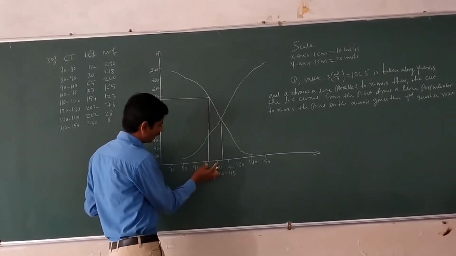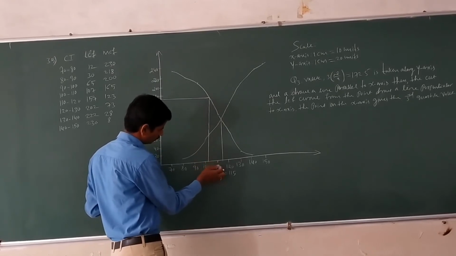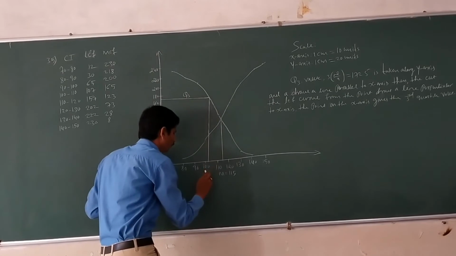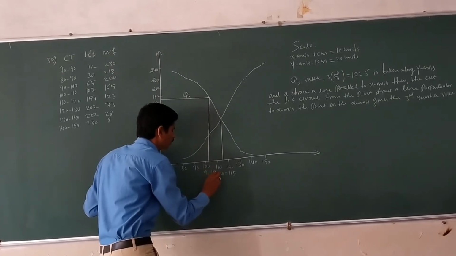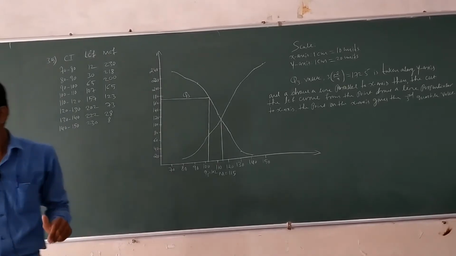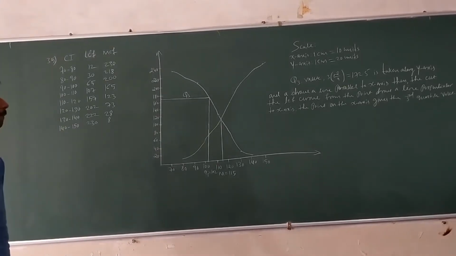Here between 100 and 110, it is 101, 102. Here the Q3 value is 102, or approximately 102.